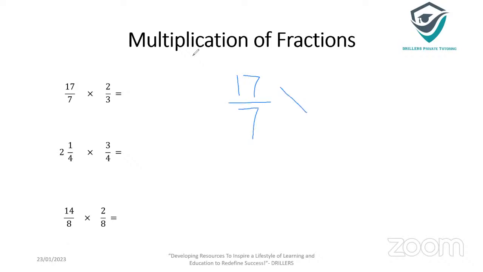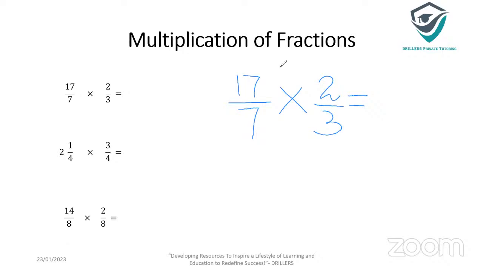In this particular question, we do not have any mixed numbers. All we have is an improper fraction and a proper fraction. So the next step is to multiply the numerators, and then multiply the denominators.